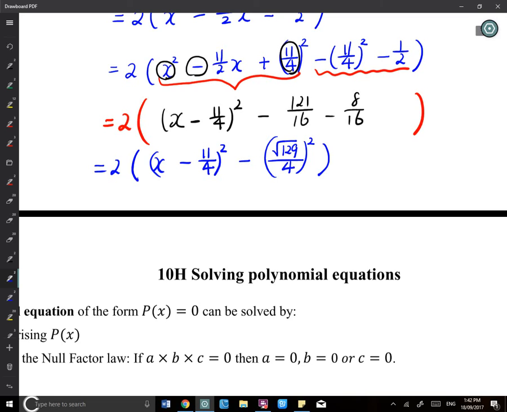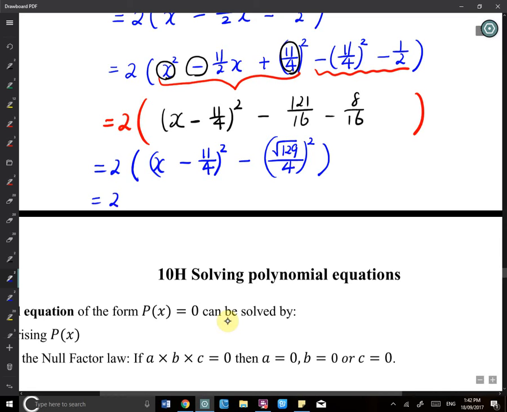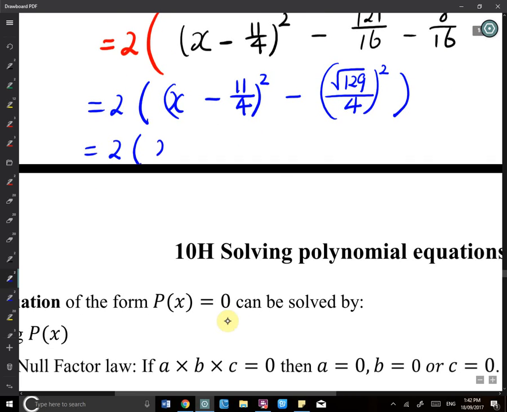Because I want to use the a squared minus b squared form to factorize it. So what we have here is x minus 11 over 4 plus root 129 over 4, and x minus 11 over 4 minus root 129 over 4.